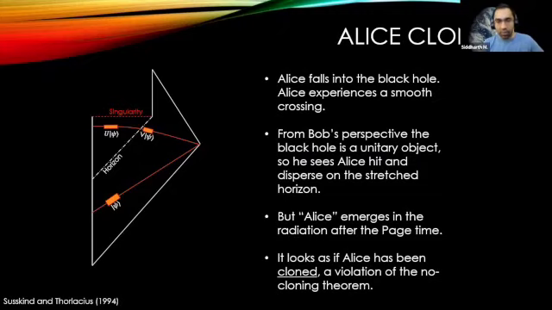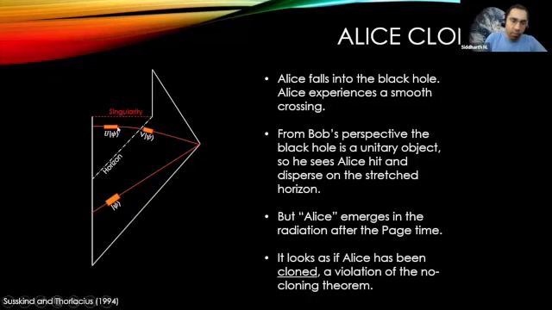However, as we noted earlier, the information has to start coming out at some point. If black hole evaporation is unitary, the black hole is statistical mechanical. And so after the Page time, Alice, or at least the information contained in the degrees of freedom that constituted Alice, will have to start coming out in the Hawking radiation.